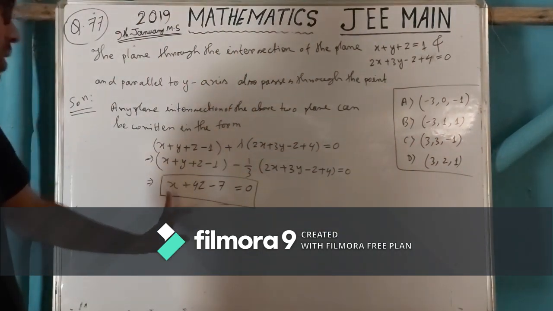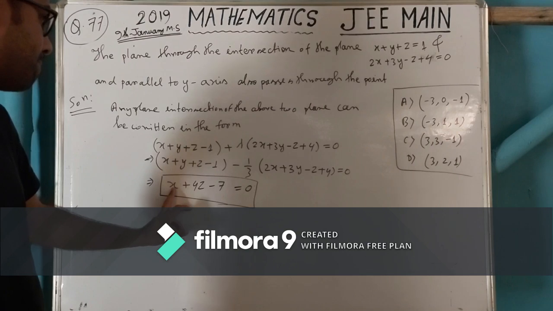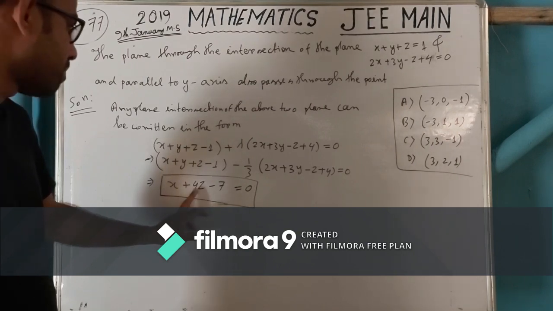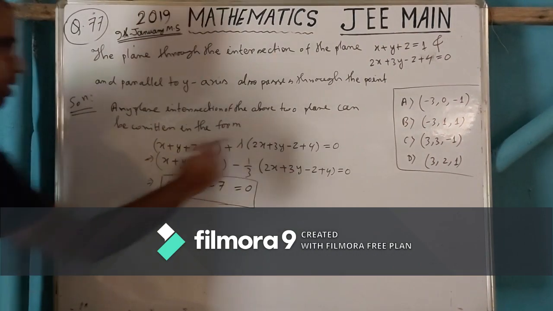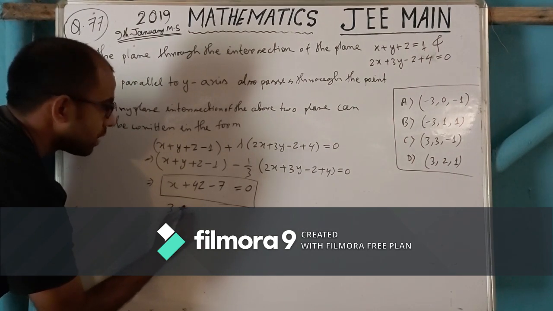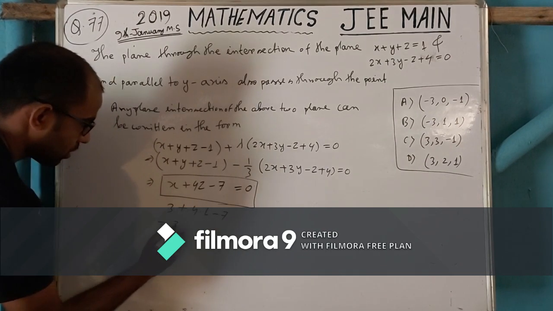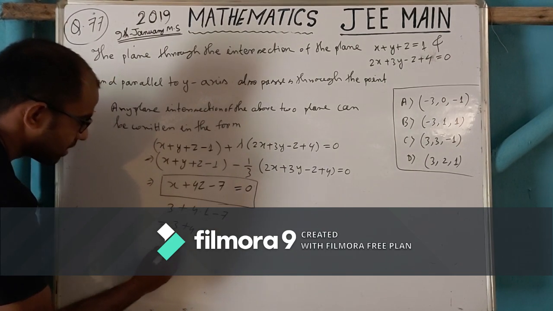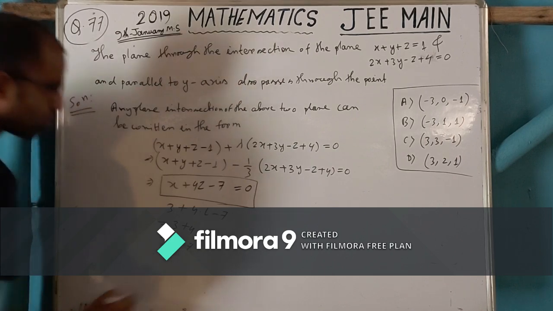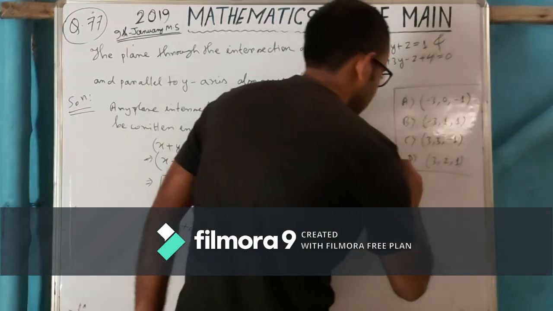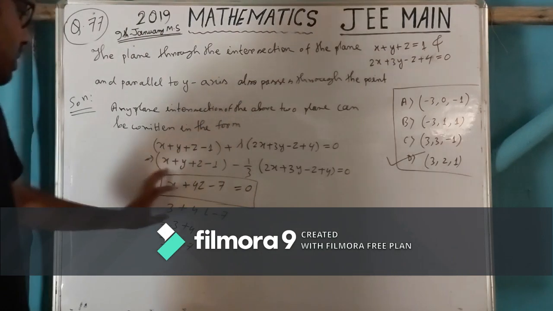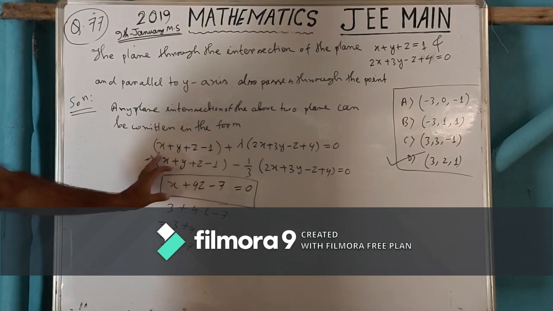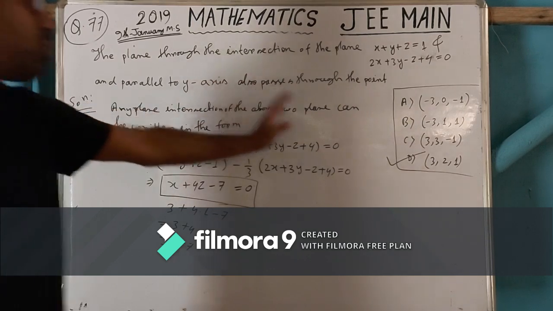Now check the last point, 3, 0, 4 into 1 minus 7, so 3 plus 4 minus 7, this is equal to 7 minus 7, equal to 0. So the fourth point 3, 0, 1 satisfies this plane. So you can say that this plane is parallel to the y axis and also passes through the point D.